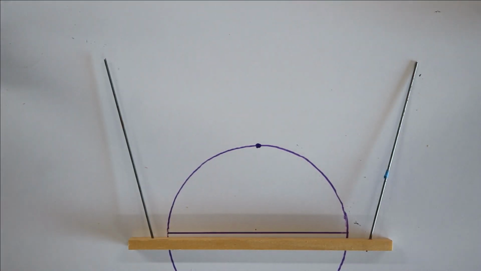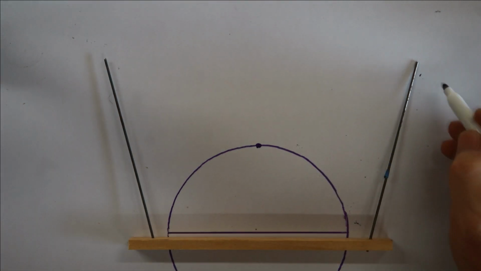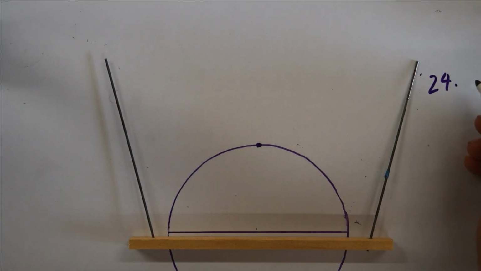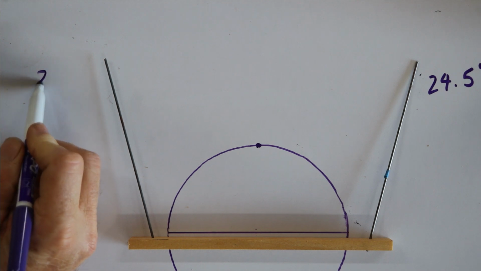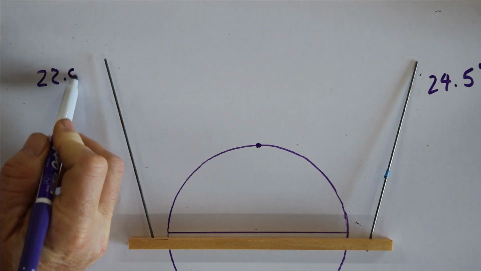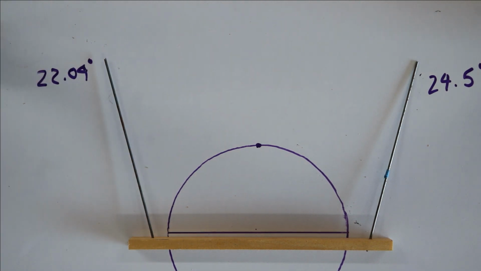If we were to use their values for the greatest angle, let's take the limits: 24.5 degrees and 22.04 degrees.